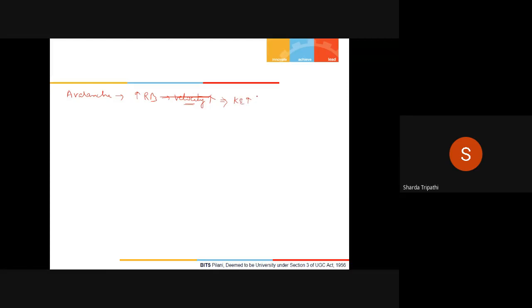So we know that the kinetic energy is given by half mv square. So if the velocity is increasing, the kinetic energy is also increasing. So in this case, the kinetic energy becomes sufficiently high so that when these minority carriers collide with the ions present in the p type or the n type region, they knock off the electrons which are present in the valence shell of this ion.